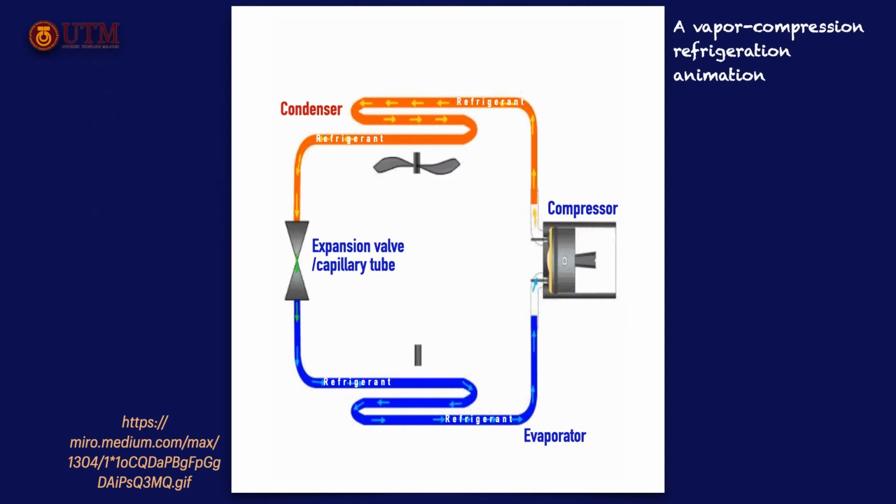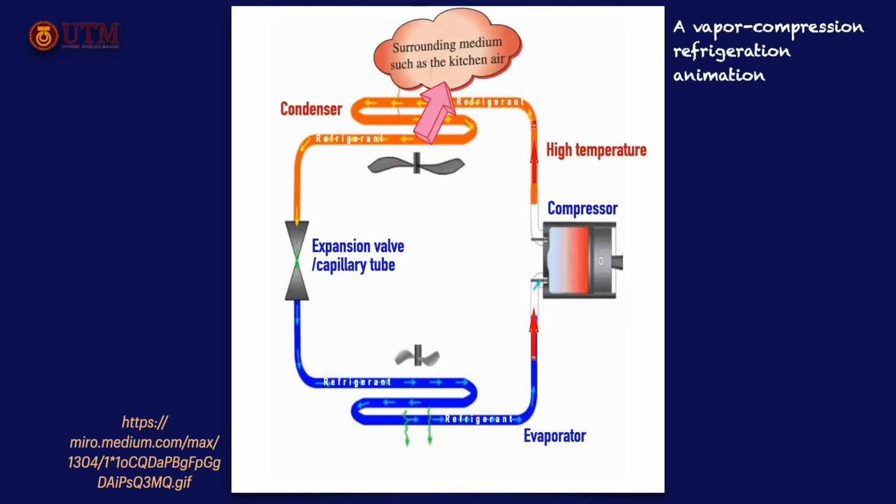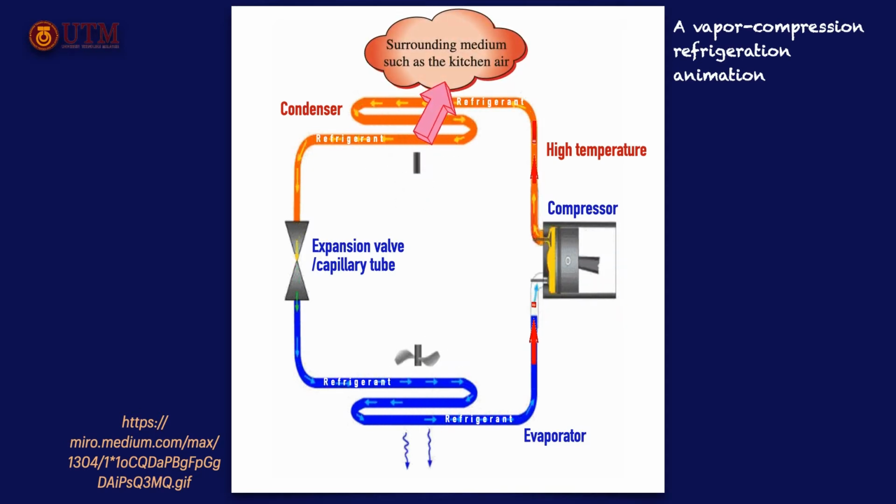The refrigerant enters the compressor as a vapor and is compressed to the condenser pressure. It leaves the compressor at a relatively high temperature and cools down and condenses as it flows through the coils of the condenser by rejecting heat to the surrounding medium.